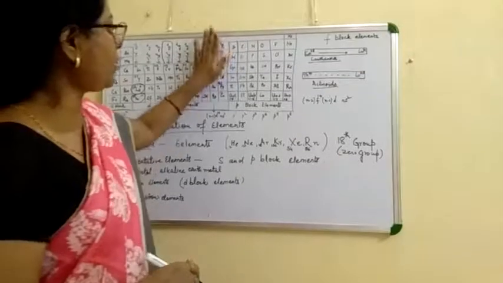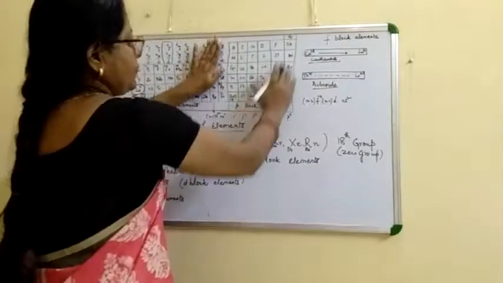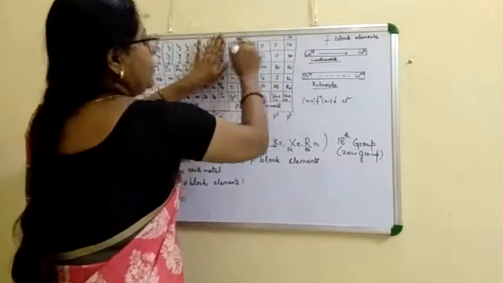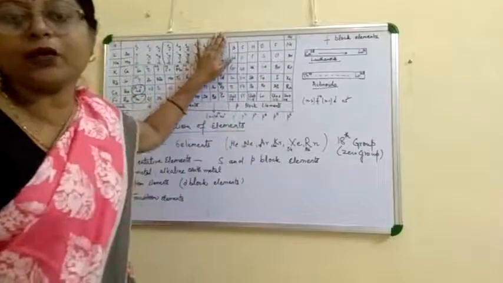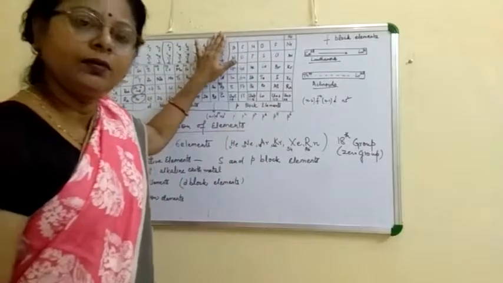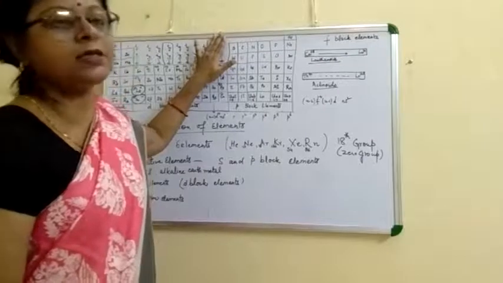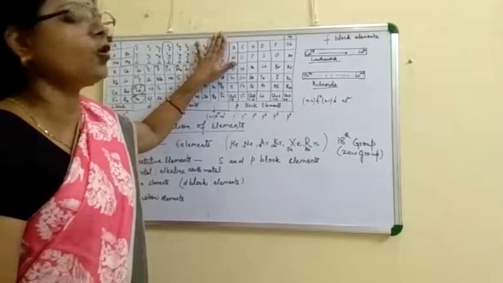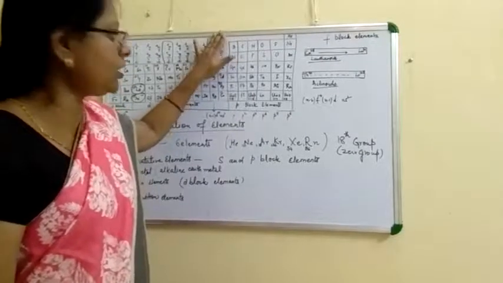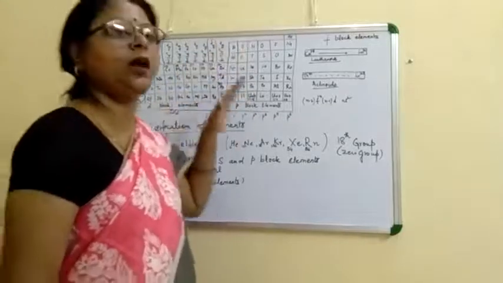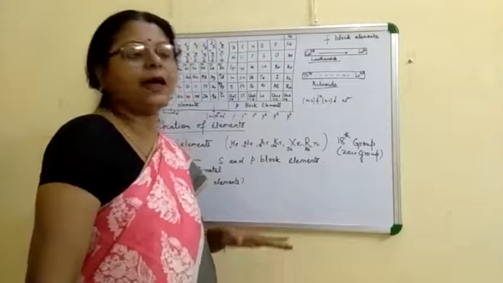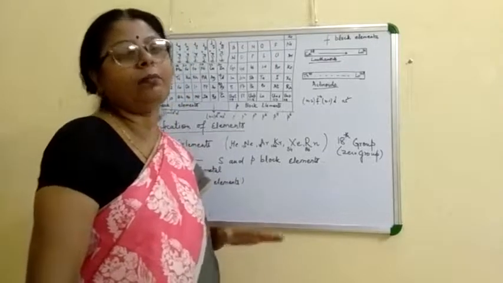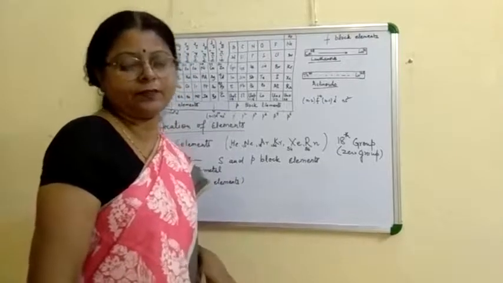These p block elements, except the 18th group, meaning groups 13, 14, 15, 16 and 17, are known as p block elements, and they are mostly non-metallic in nature. The elements present down the group are metals and some have metalloid characteristics.